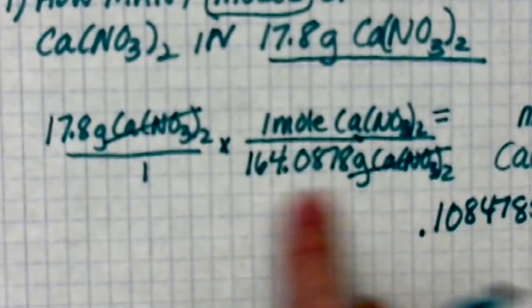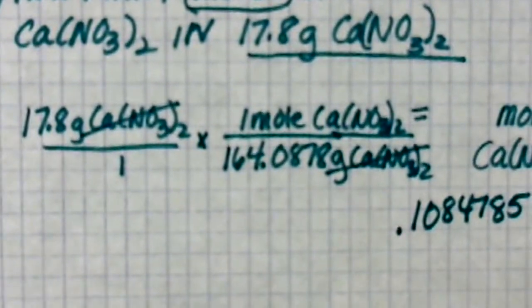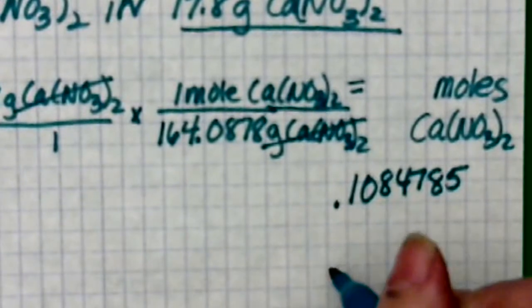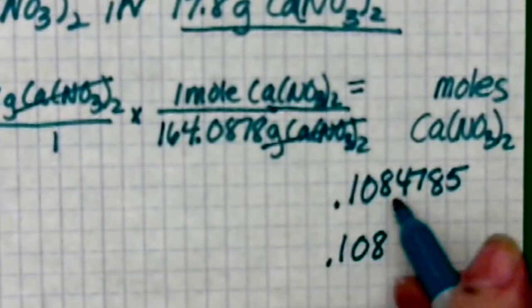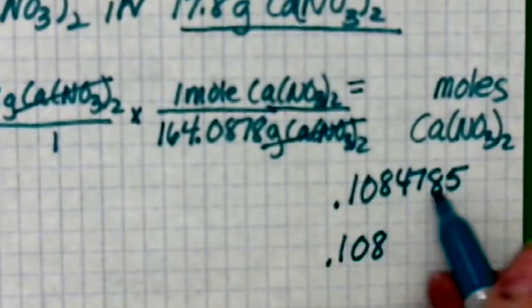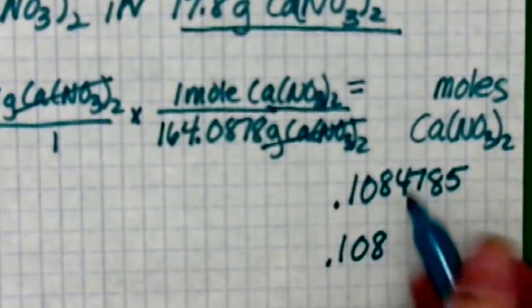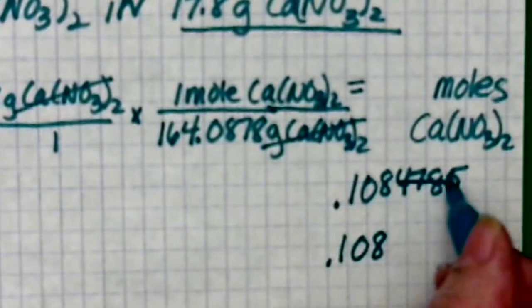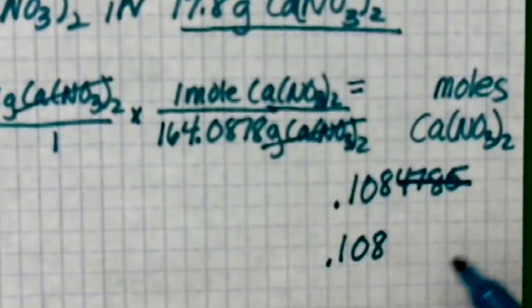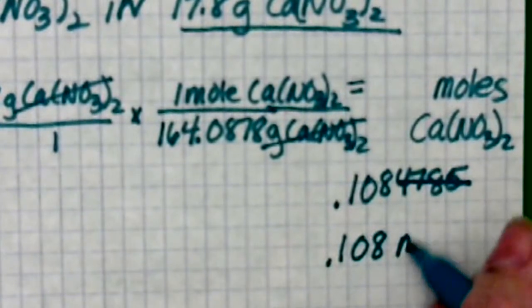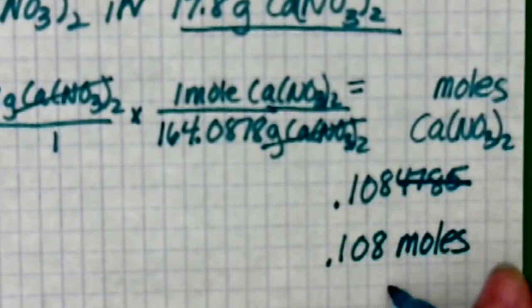I have lots more than 3 here. So I can have 3 in my answer. So I can go to 0.108. And since this is less than halfway, it's 4785, I can just drop that off. If it was more than 5 here, I would have to round up. So I have 0.108 moles of calcium nitrate.